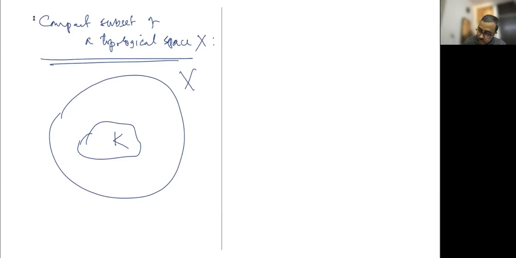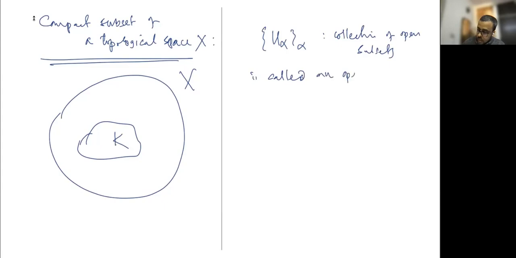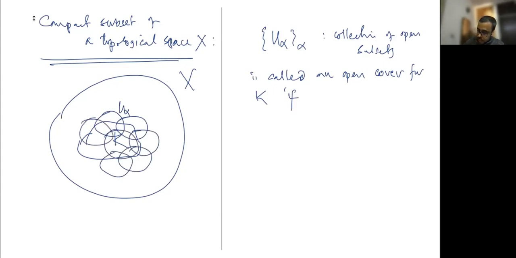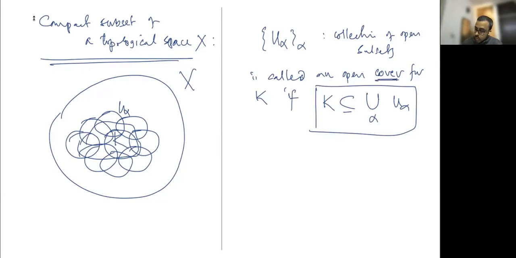So you say that a collection of open subsets U alpha is called an open cover for K if their union covers K. The term cover is for this inclusion, and this term open refers to the fact that each member is open.